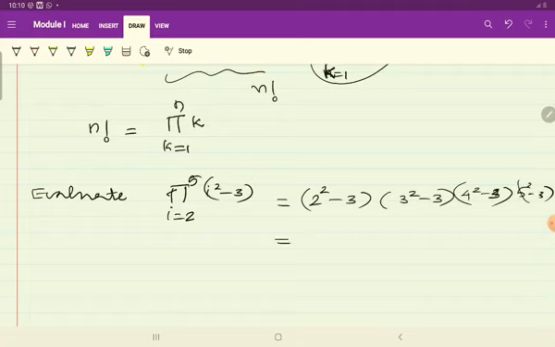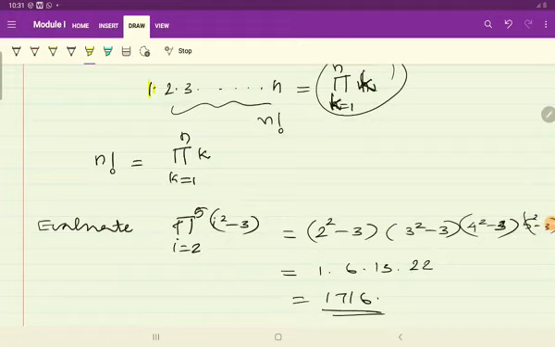So 2 square is 4 minus 3, that is 1. 9 minus 3, that is 6. 4 square 16 minus 3, that is 13. 5 square 25 minus 3, that is 22. By multiplying all this, we will get 1716.